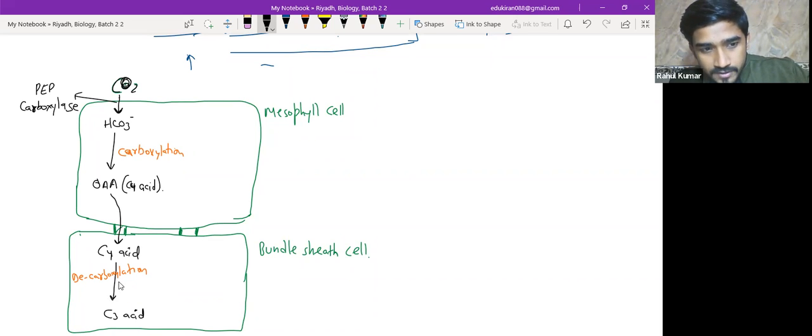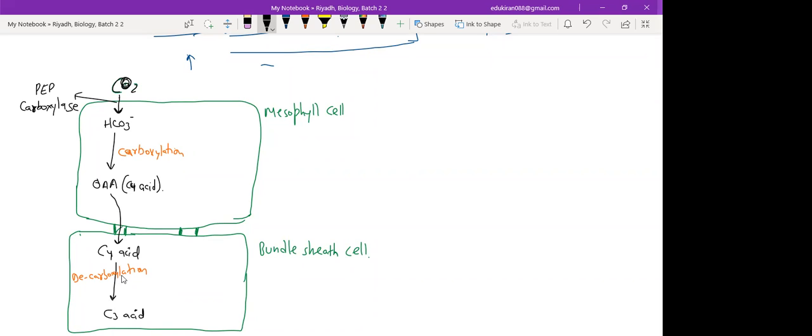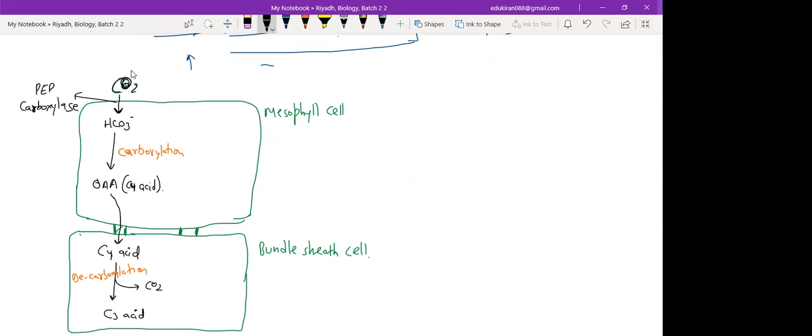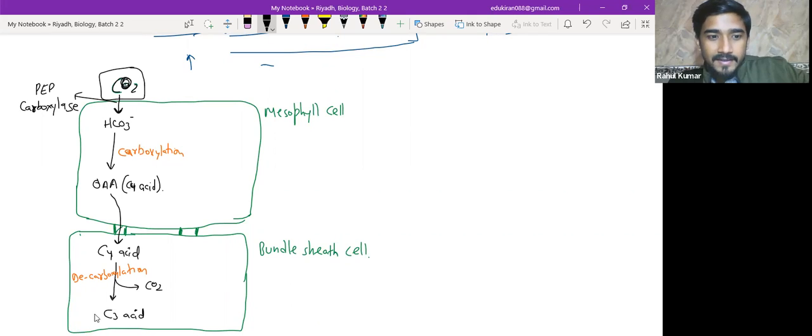When we decarboxylated, what did we remove? Tell me. CO2. Yes, perfect. We removed CO2. And finally, in the bundle sheath cell, we got a CO2 and we also have a C3 acid.